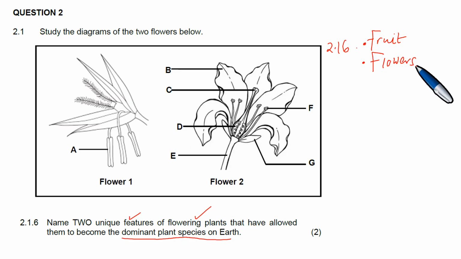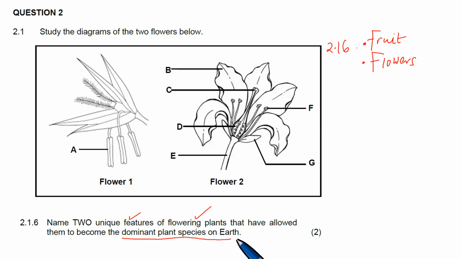Some people gift flowers to their friends and family members as symbols, tokens of appreciation. As a consequence, the reason why these plant species have become the most dominant on Earth is that people love the fruits.